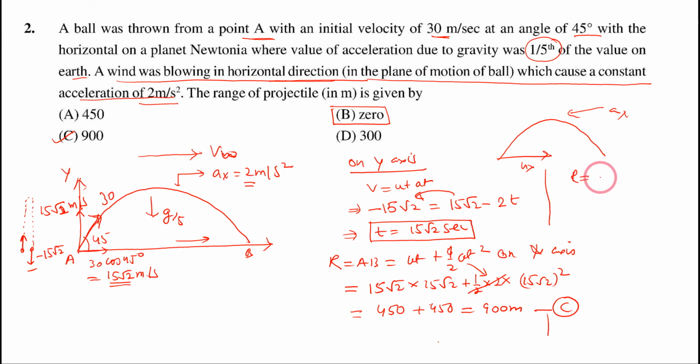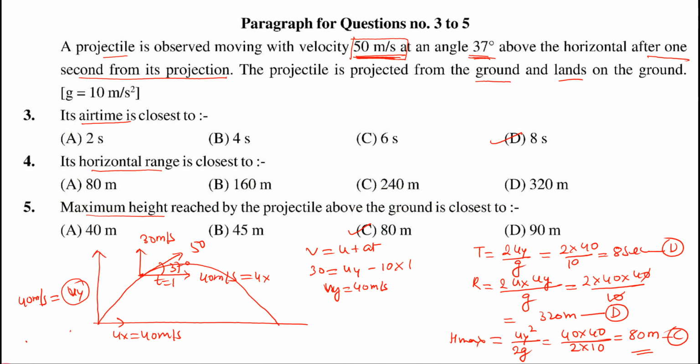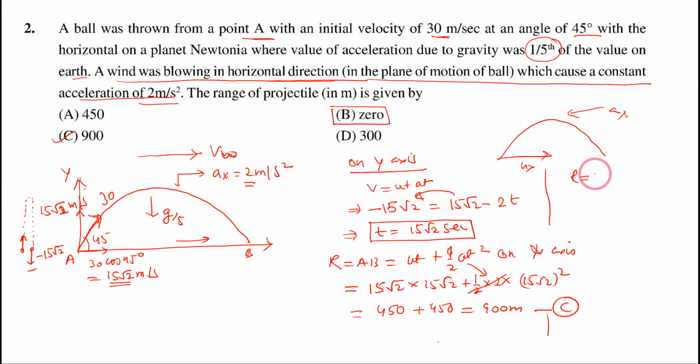So r equals u, meaning it will be 15 root 2, this is the x-axis velocity into time, which was 15 root 2, minus half into 2 into 15 root 2 whole square. Now you see this will get cancelled and we will get 0. So if the wind is blowing against the direction of throw, in that case the range will be 0. So we'll have two answers in this question, B and C.